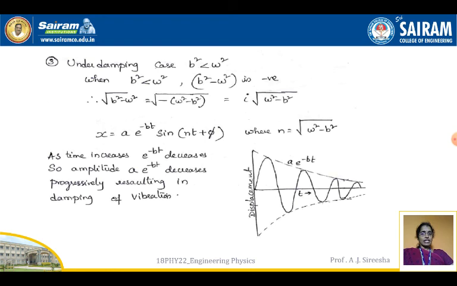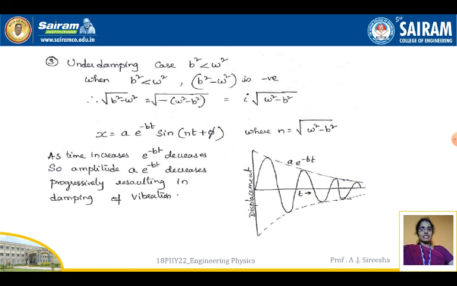So if you see the diagram here, the graph between displacement and time, the amplitude gradually decreases and finally reaches 0. As time increases, e to the power of minus bt decreases, so amplitude a into e to the power of minus bt decreases progressively, resulting in damping of vibration. So in this case, the amplitude slowly decreases and finally reaches 0.